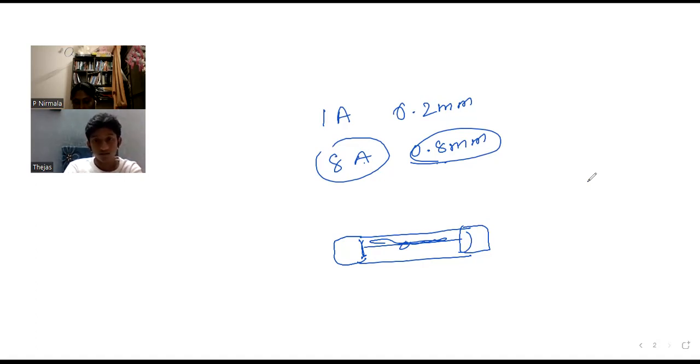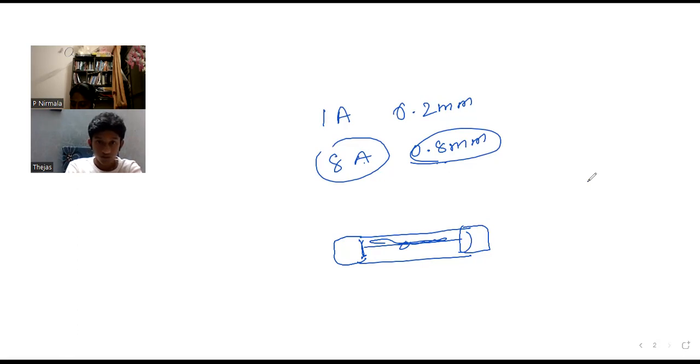Yes, ma'am. Next, current rating of a fuse. Already we discussed this. Low current rating is 5 ampere, high current rating is 15 ampere. For low current rating a thin fuse is enough, for high rating a thick fuse is needed. If the current rating is high, then we have to use a larger radius, that means the thickness is more for the fuse.